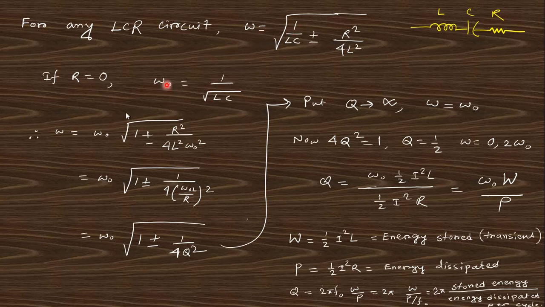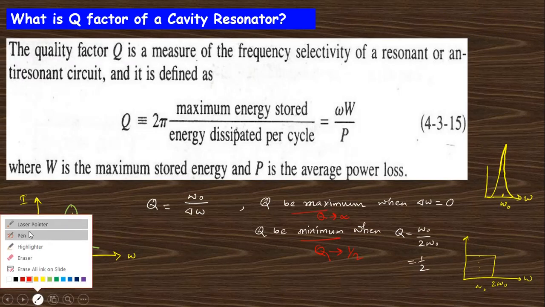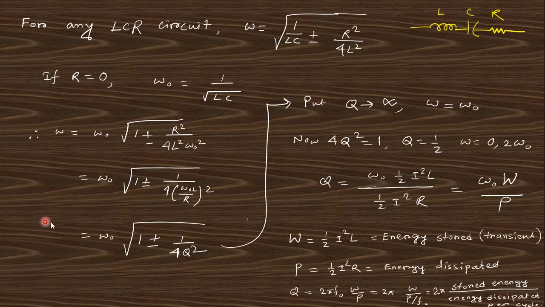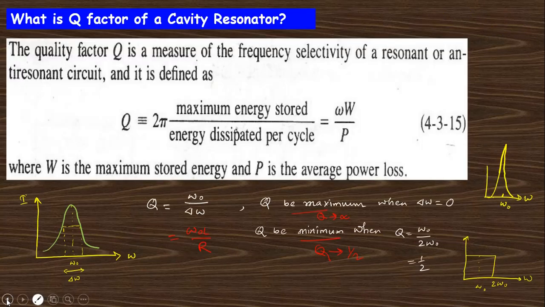If we write this omega in terms of omega 0, we just take omega 0 common, giving omega 0 square, and omega 0 L by R. This is nothing but another form of the quality factor, omega 0 L by R, in terms of the inductor.